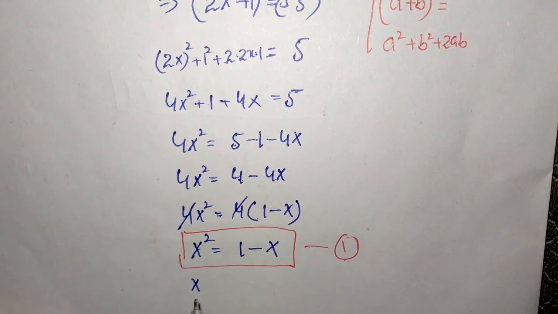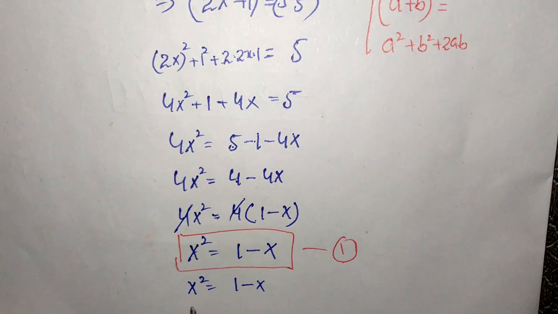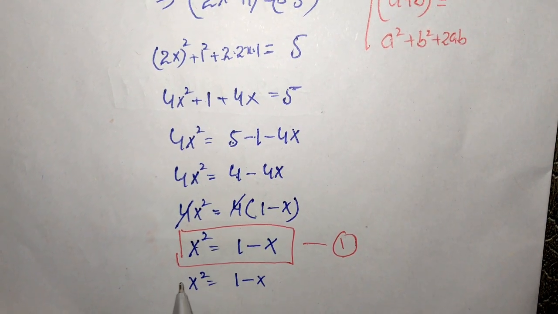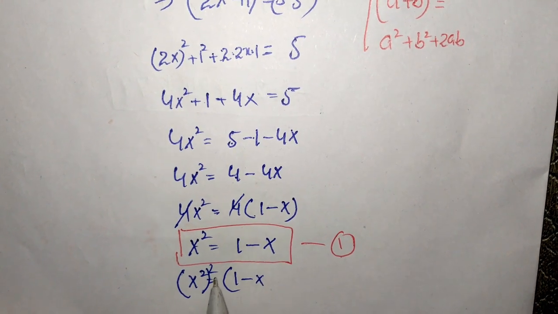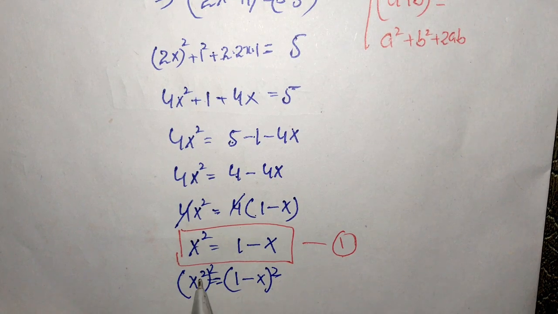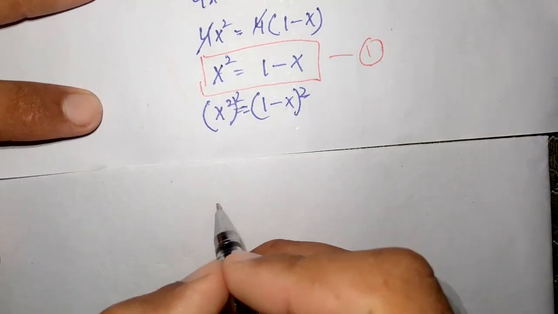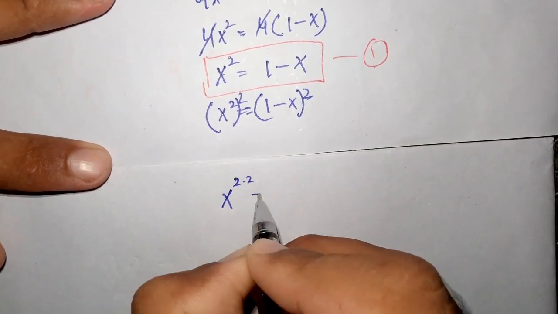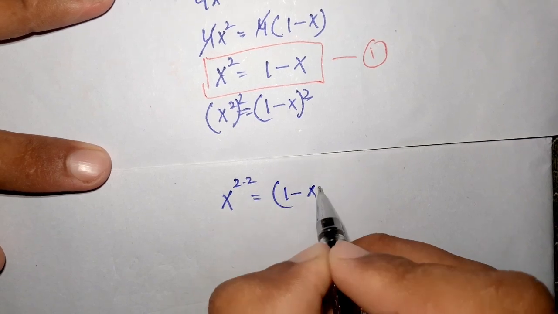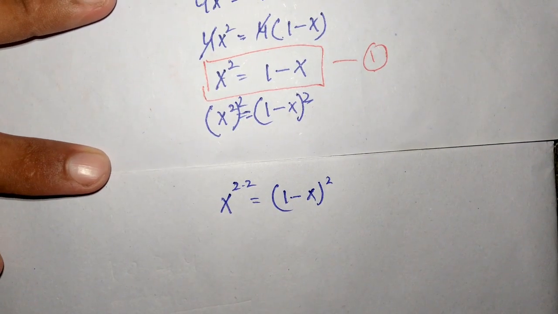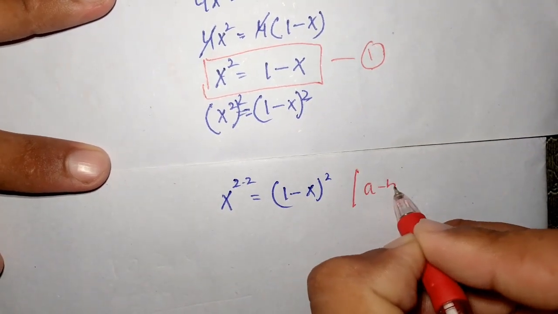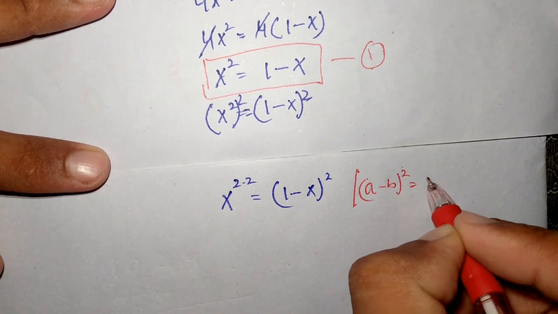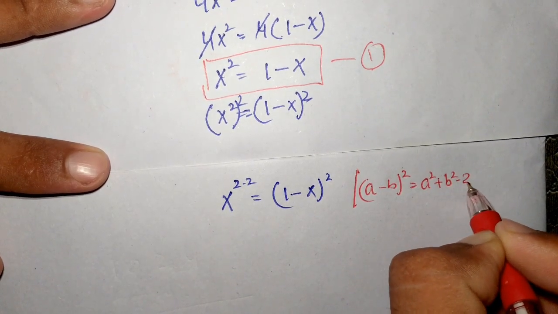So here x square is equal to 1 minus x. We have to square both of the sides. So this side becomes square and this side becomes square. So x to the power of 2 times 2 is equal to 1 minus x whole square. Here we know that this is in the form of a minus b whole square, which is equal to a square plus b square minus 2ab.